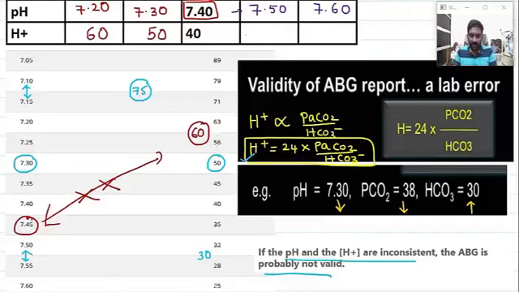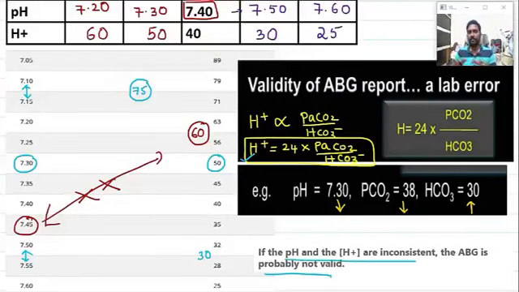From 40 it can decrease by 10 and become 30. So at 7.50, the approximate value of H plus in the body will be 30. Now at 7.60, this relation is not that linear when you go into the alkaline range. So here it may decrease to 25.